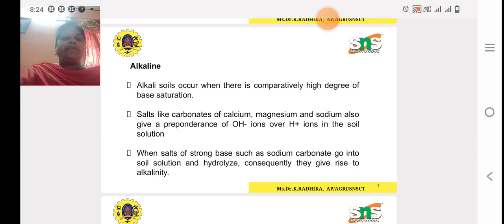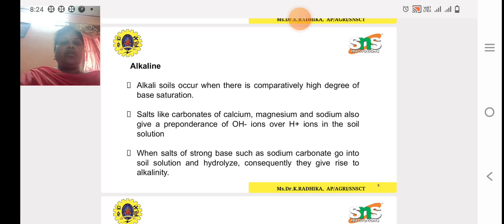Salts like carbonates of calcium, magnesium, and sodium give a preponderance of hydroxyl ions over hydrogen ions in the soil solution.